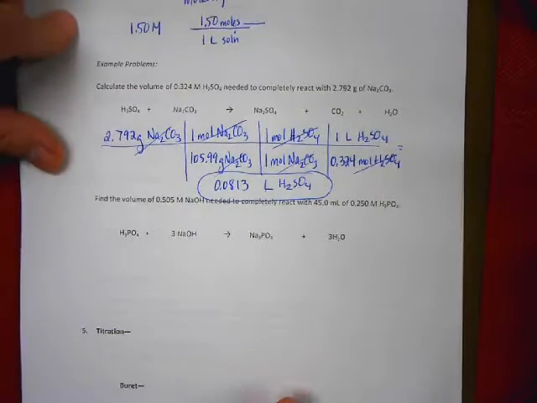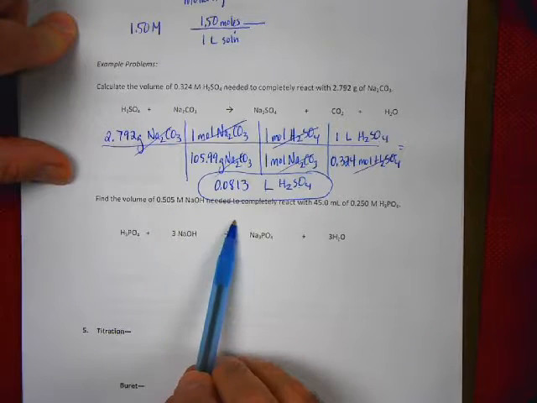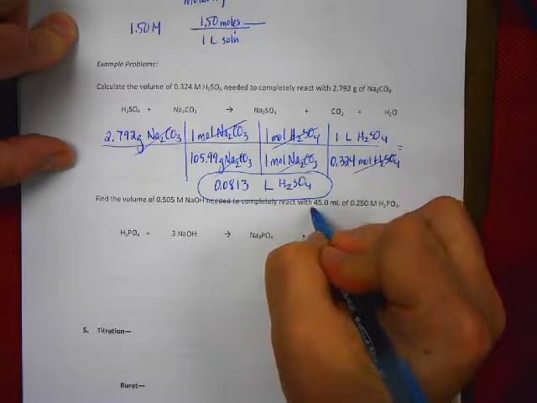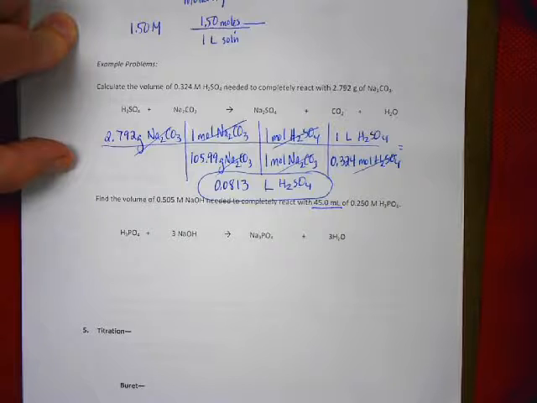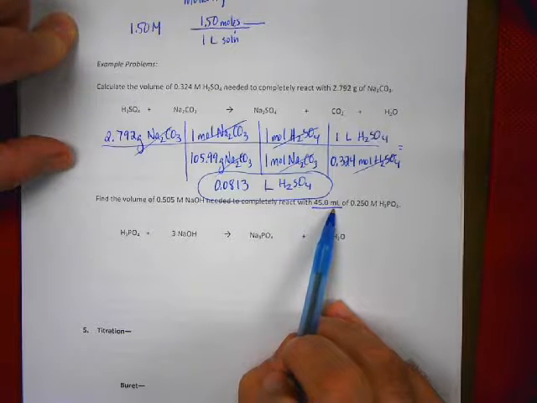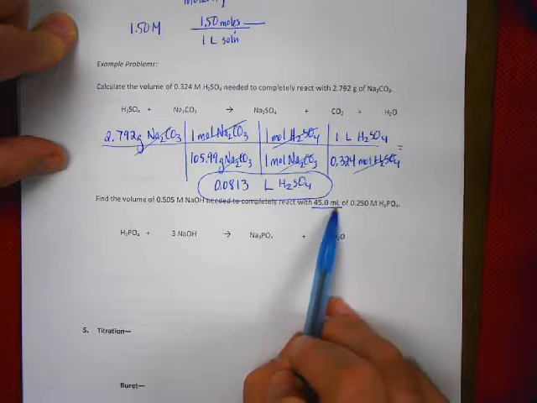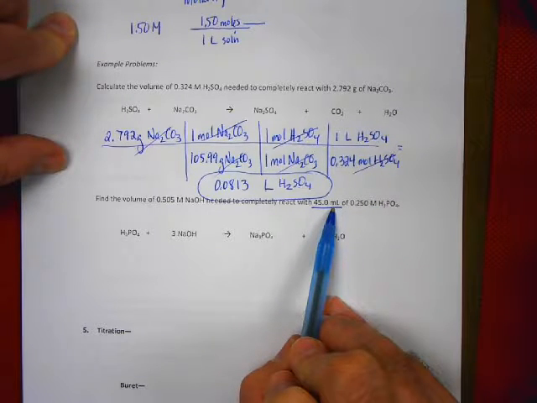Now, let's see what we're going to start with. Well, we can either start with grams or we can start with a volume. Molarities are used as conversion factors. So we're given 45.0 milliliters. Hopefully something is not registering with you a little bit, because milliliters and molarity really don't go together. Milliliters has to be changed to liters.